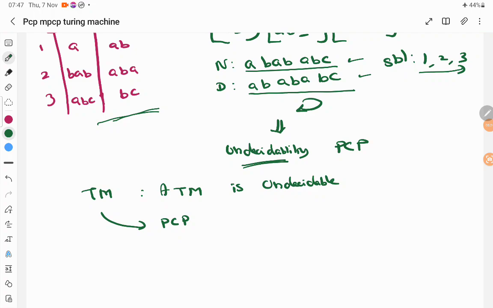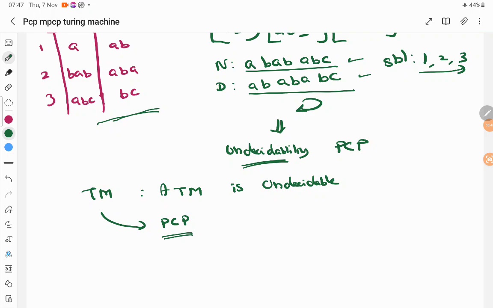If there exists a way to convert a Turing machine problem into a PCP problem, then we can say that PCP is also undecidable.